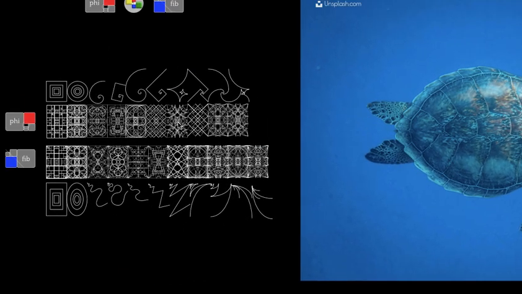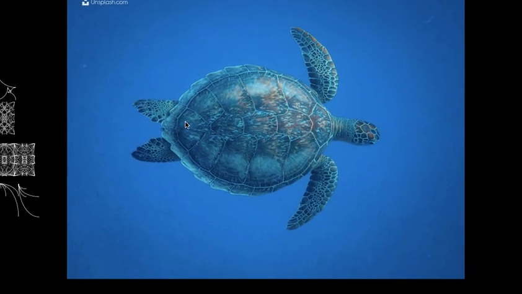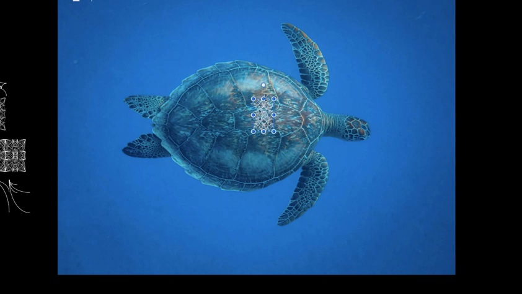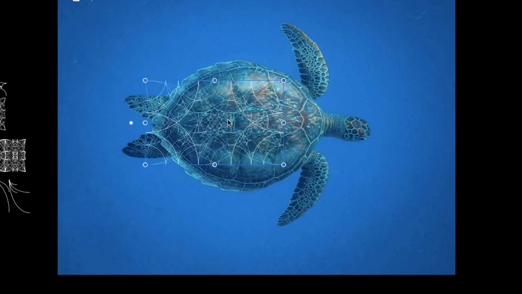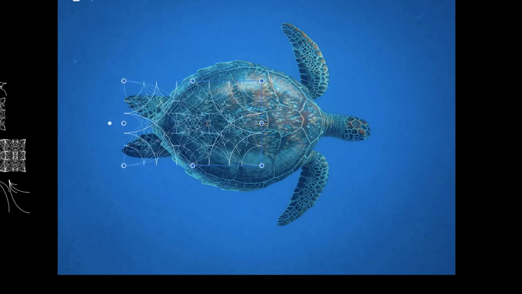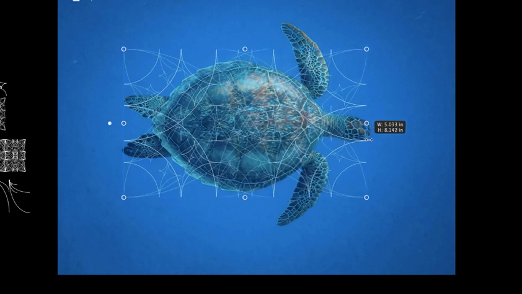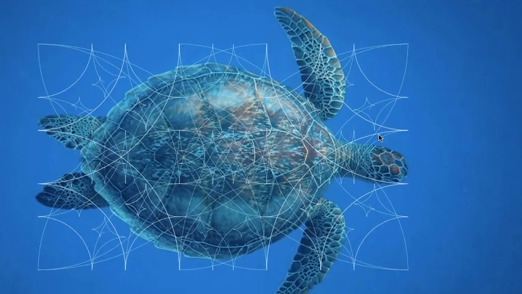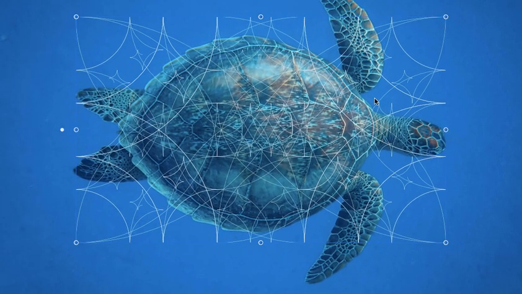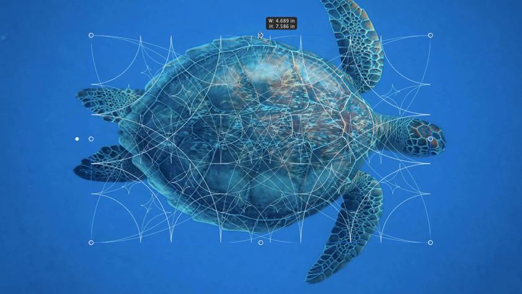And let's try the inverse of that. Inverse of the phi spiral. Again, we'll go to the width of the body.